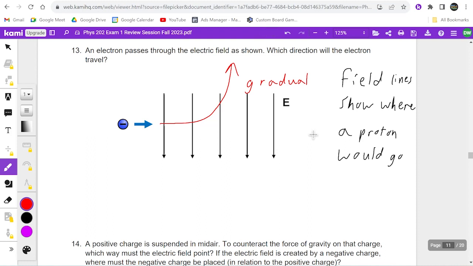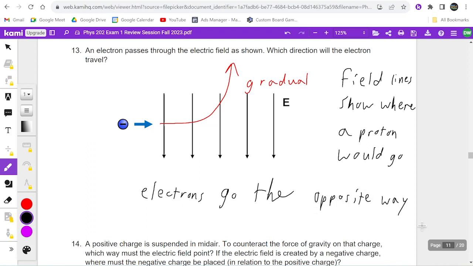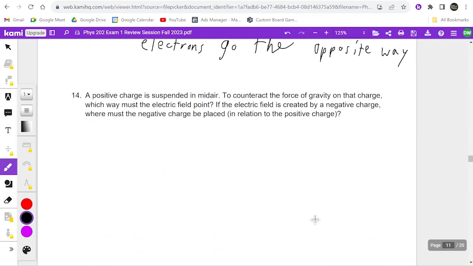And that's it. That's the answer. It just goes up because electrons do the opposite. Electrons go the opposite way. So very easy. Nope. Okay, then we're on to number 14.